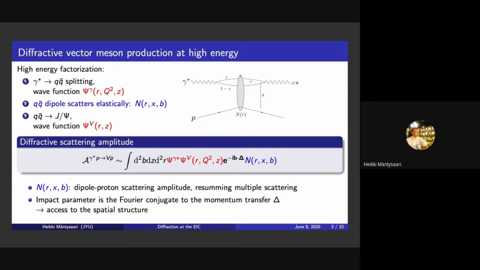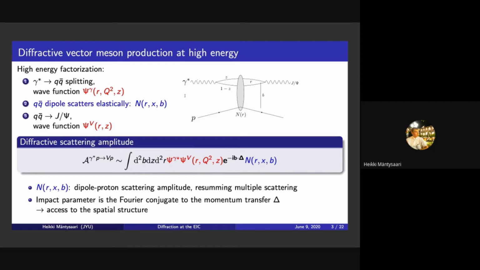That's the reason why it's convenient to work in terms of the transverse degrees of freedom, like the size of the quark anti-quark dipole r, and b here is the impact parameter, and x refers to the Bjorken x approximately.